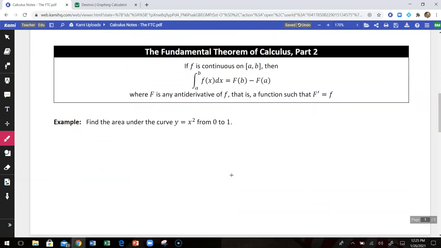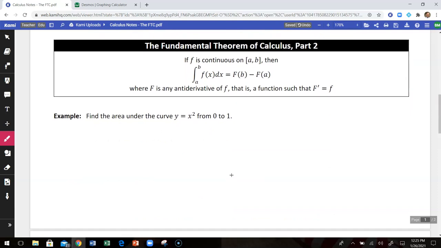Okay. The second part of the fundamental theorem of calculus. This is the single most important thing that we are going to do moving forward in calculus. And that is if we have a continuous function and we do the integral of f of x dx from a to b, it is simply equal to capital F of b minus capital F of a, where capital F is any antiderivative of little f.